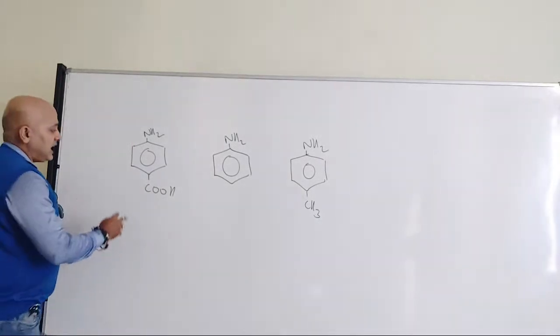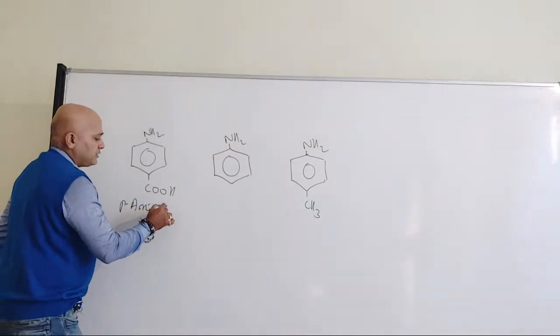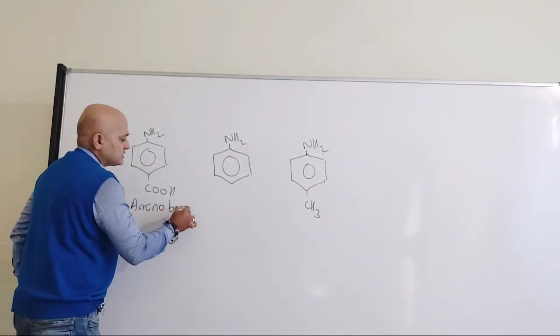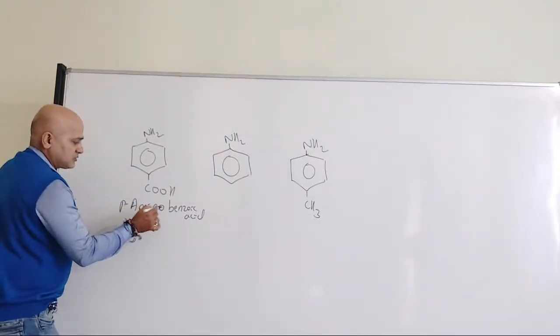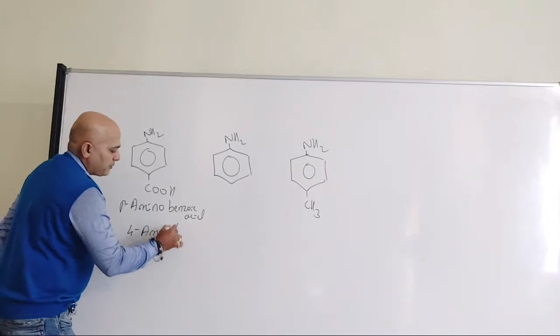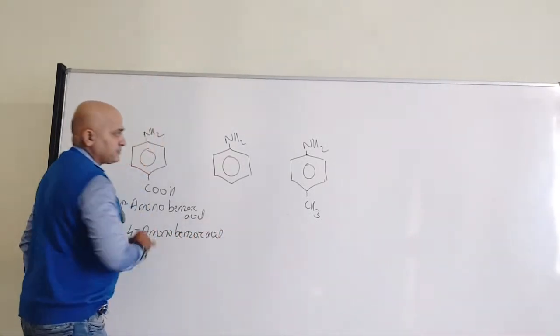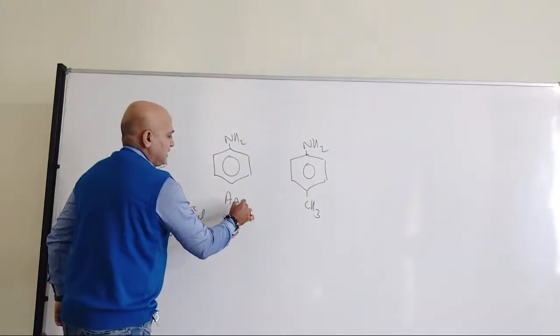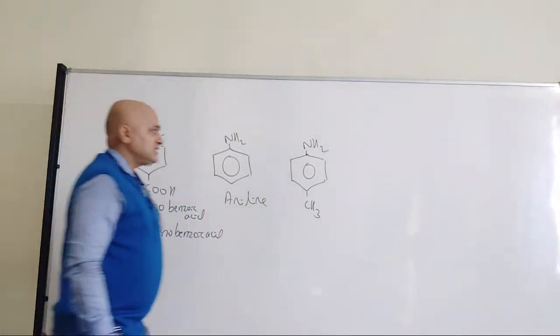So I can tell that para-amino or 4-amino benzoic acid. Benzoic acid, this is a common name, or I can tell 4-amino benzoic acid. This is one. Now this is aniline. IUPAC also, common name also, it can be aniline or benzenamine.